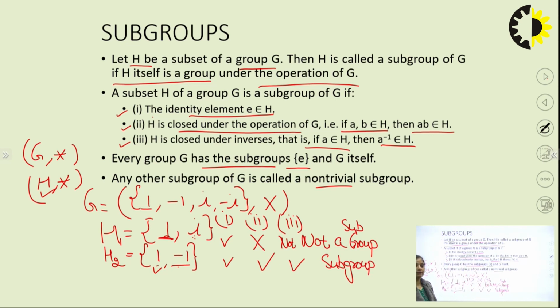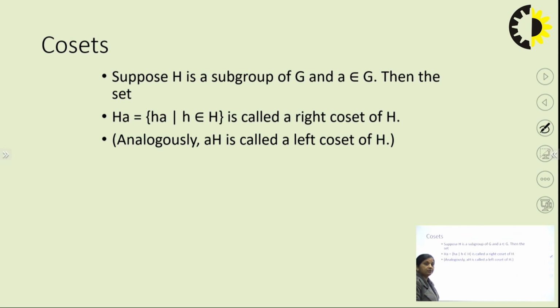So this is the definition of subgroup. Now coset. Let H be a subgroup of G. Now we are not checking whether it is a subgroup or not. We are taking a group G and we are taking a subgroup H of this. So G is the group and H is the subgroup.